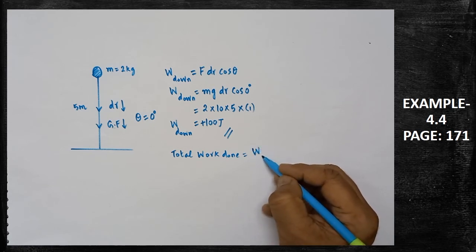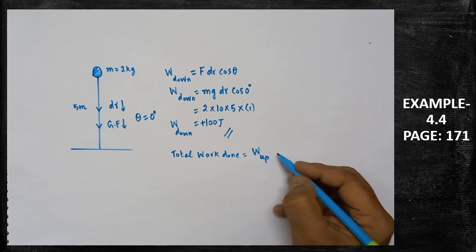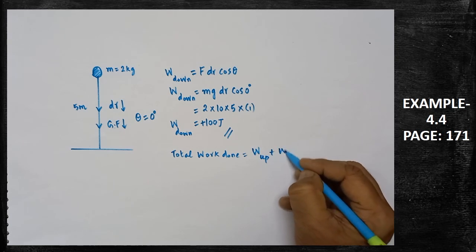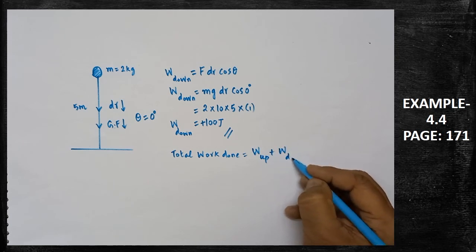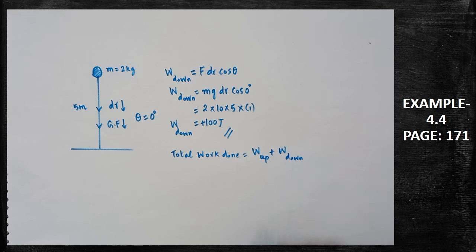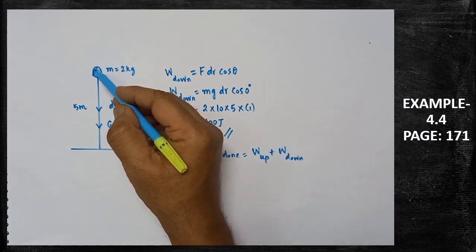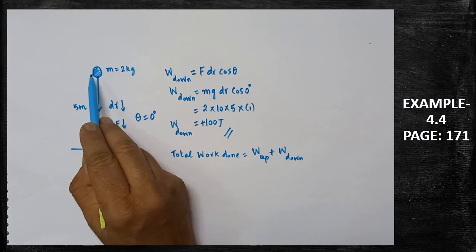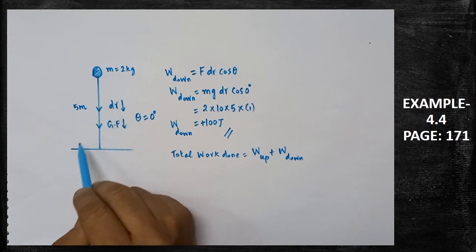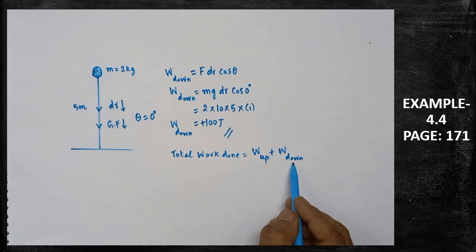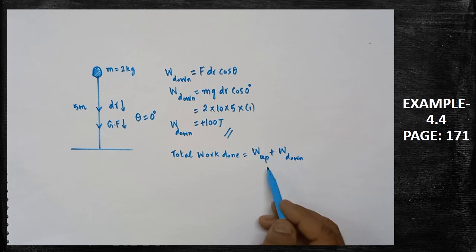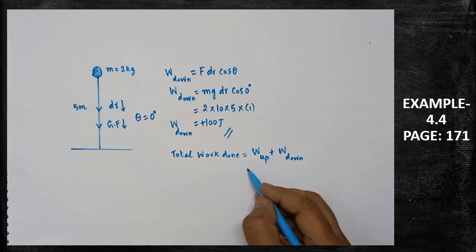Work done by the gravitational force when the object moves in the upward direction and work done by the gravitational force when the object moves in the downward direction, both of them to be added. The object goes up, and gravity does some work. When the same object comes down, gravity also does some work. So both of them are to be added.